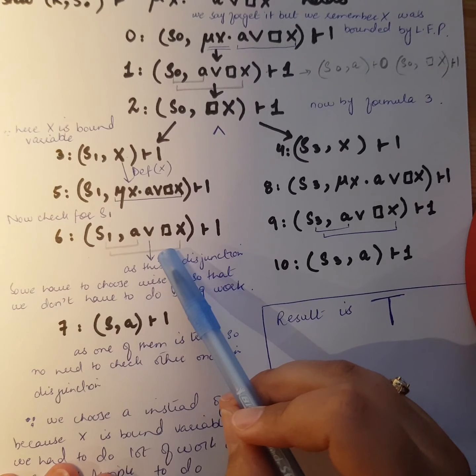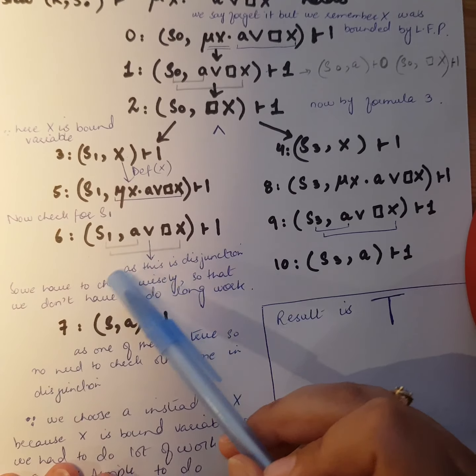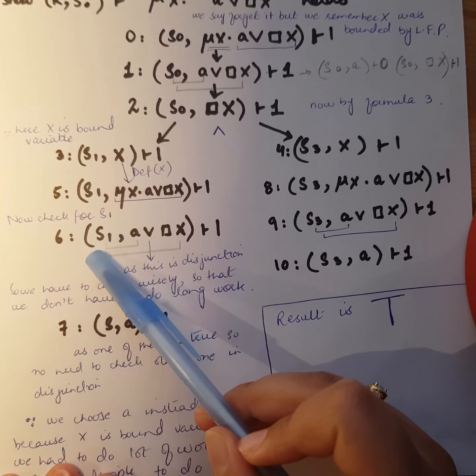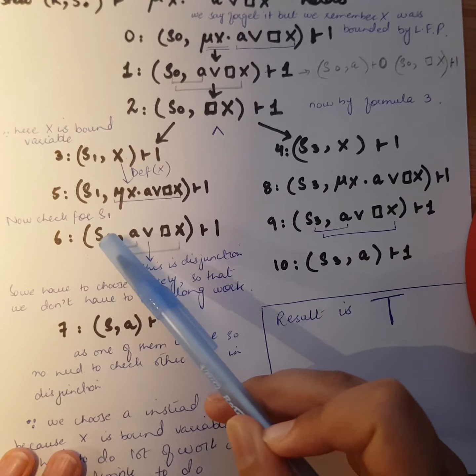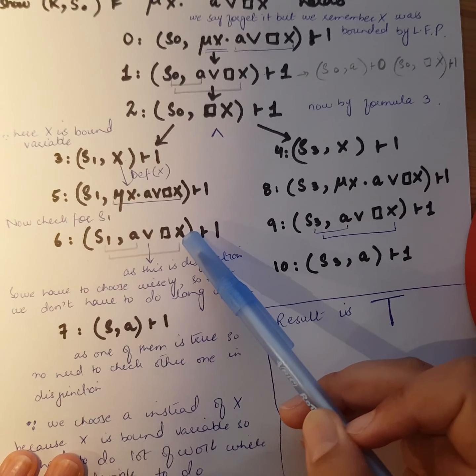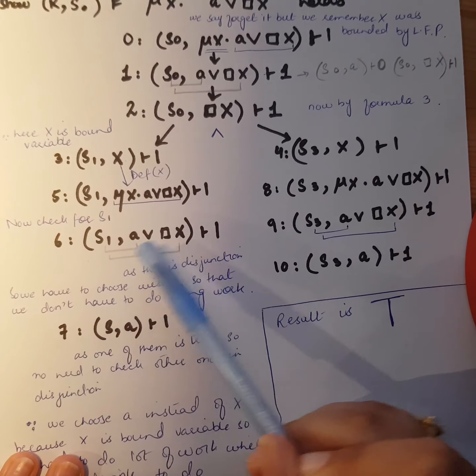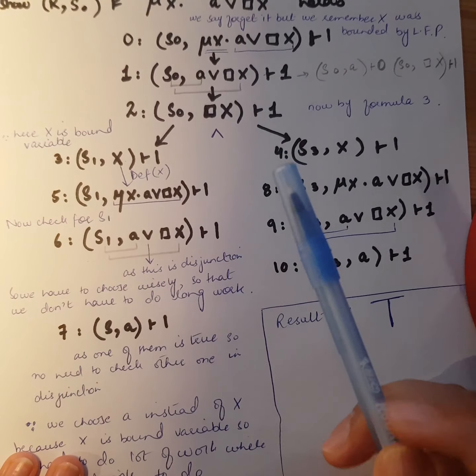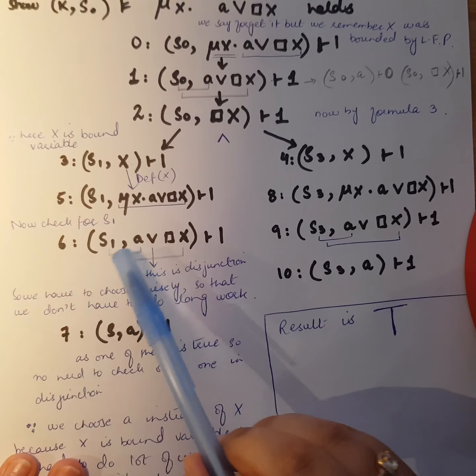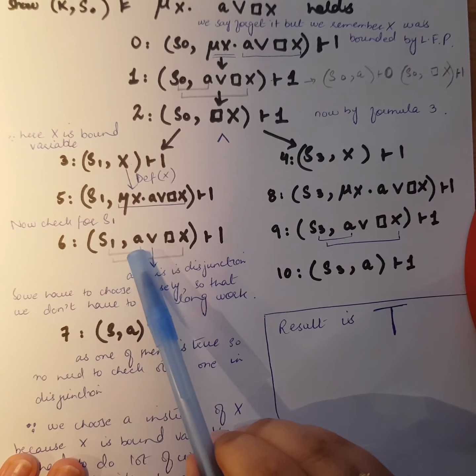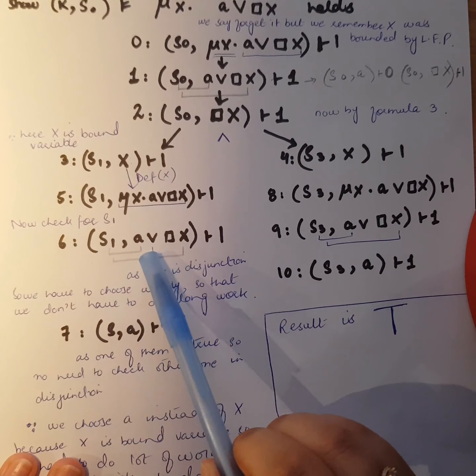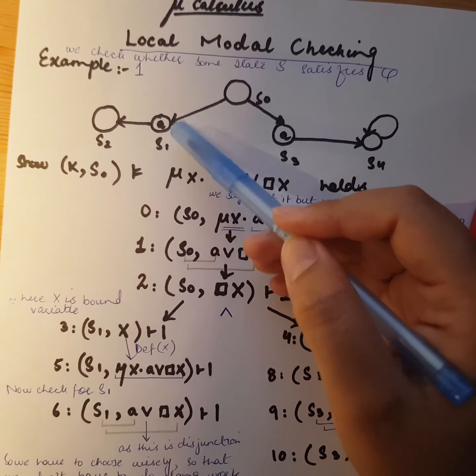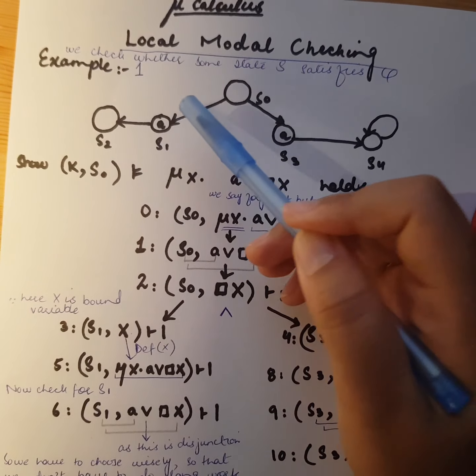Now again, we have to choose quite wisely. We have to check whether S1 satisfies a, and then whether S1 satisfies ◇x. But if one of them is true, then the answer will be true. So it's quite simpler if we solve S1 and a, as S1 has an a inside, so S1 satisfies a.